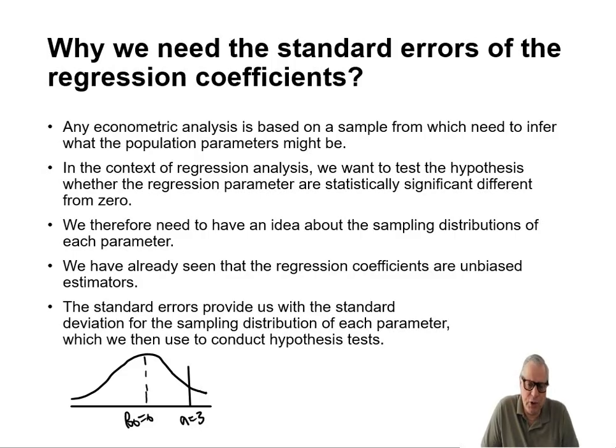In a hypothesis test, we essentially ask the question: how many standard errors is an intercept of 3 in a sample of a certain number n away if the true population parameter is 0? And if this is very unlikely, then we reject.